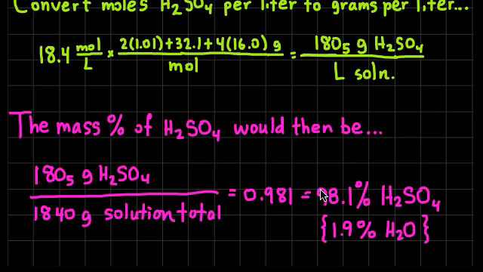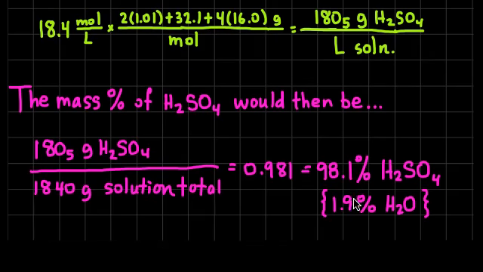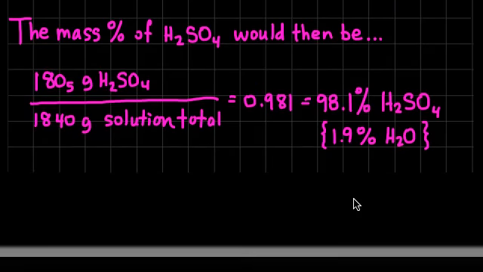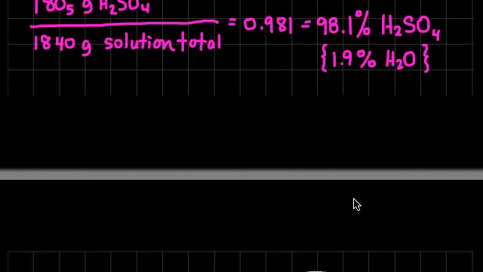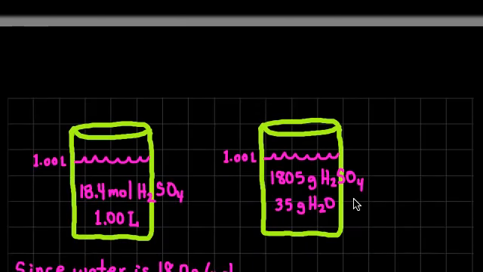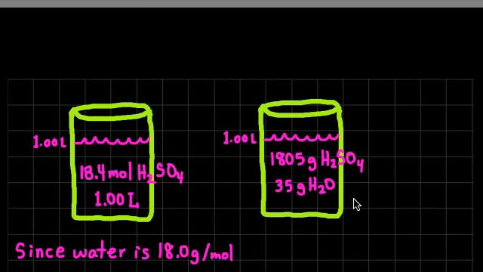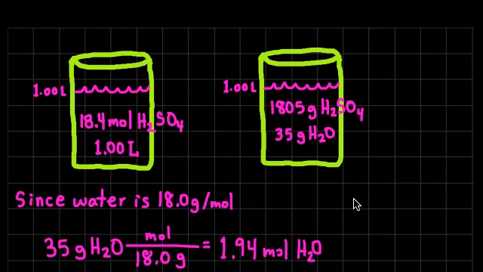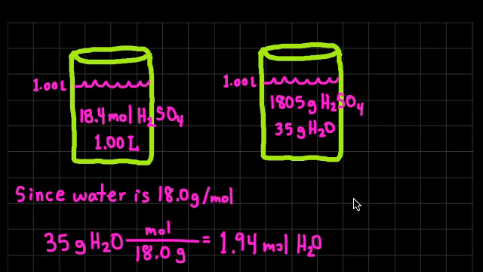So in a mixture of concentrated sulfuric acid and water, I have only a little bit of water left. It's at 1.9% water and 98.1% H2SO4. It's an amazingly concentrated and pretty amazingly dangerous acid because it's so concentrated, and it's classified as a strong acid as well, which we'll talk about again someday.